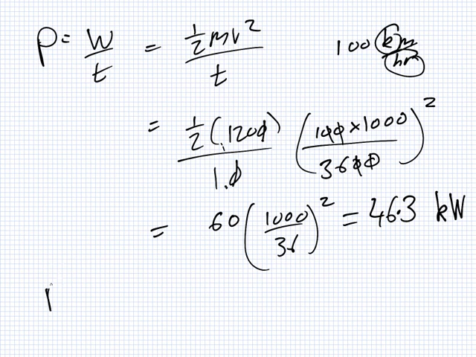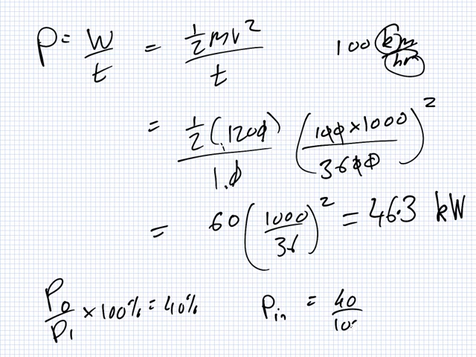So, power out over power in times 100% should equal 40%. So this means the power in, which is from the engine, if I rearrange it, is 100 over 40 times power out. So what I did was I just swapped the power in with the 40.